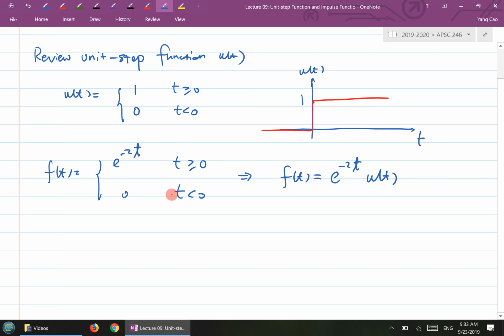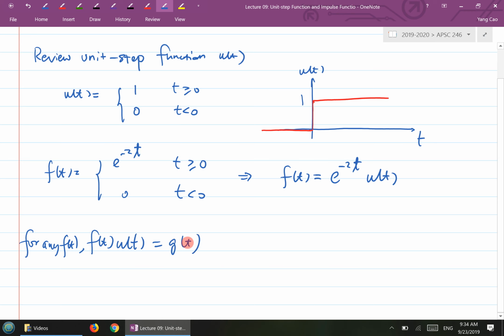As a matter of fact, for any f of t, when you multiply this f of t by u of t, let's say it gives us a third function.